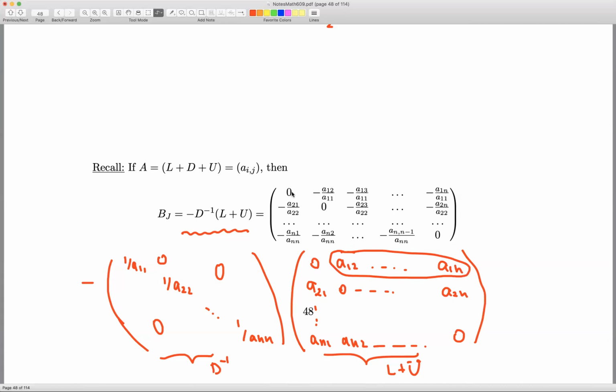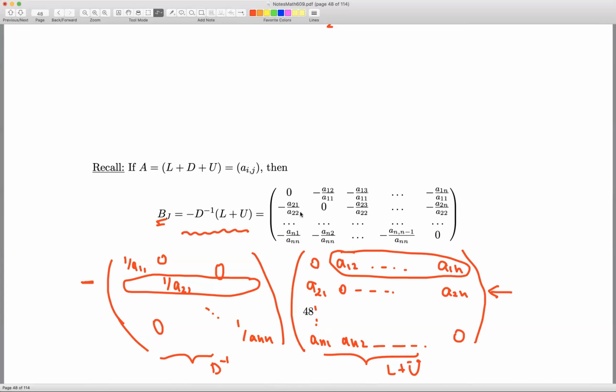And then what's happening for the second row? The second row of Bj is obtained by multiplying the second row of the matrix D inverse by all the columns of the matrix L plus U. And why do we have the minus? Because of this minus in front. And because D inverse is a diagonal matrix, as a result you will have the elements on the second row divided by A22, and then with a negative sign in front.